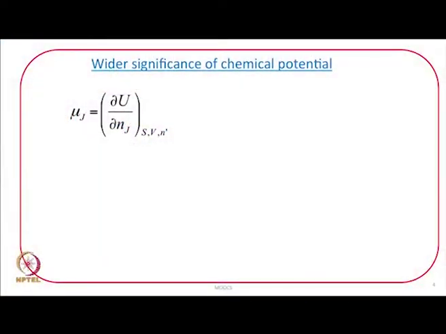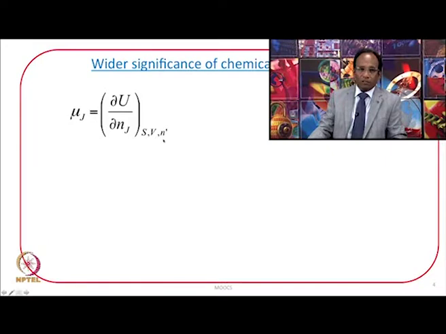The chemical potential can be expressed as the partial derivative of internal energy with respect to Nj under constant entropy, volume and n prime conditions.